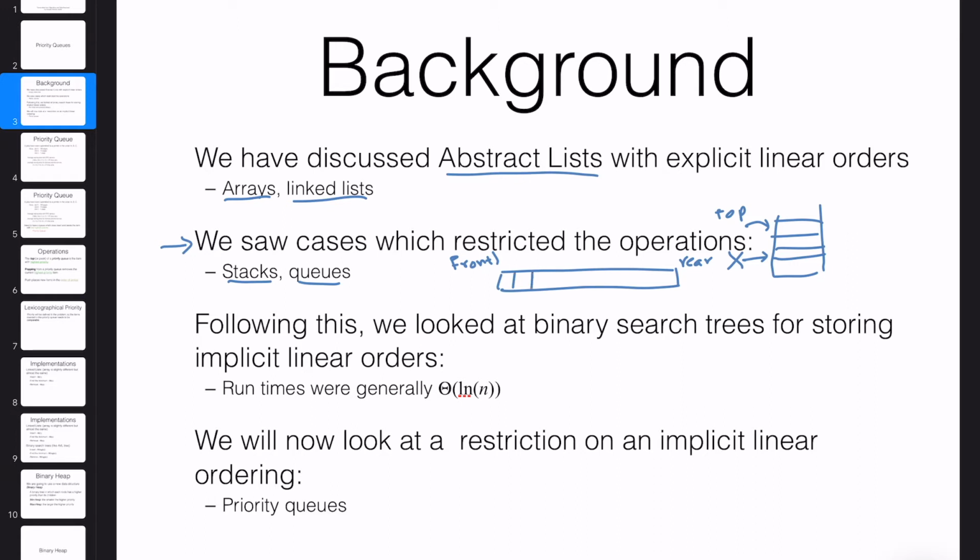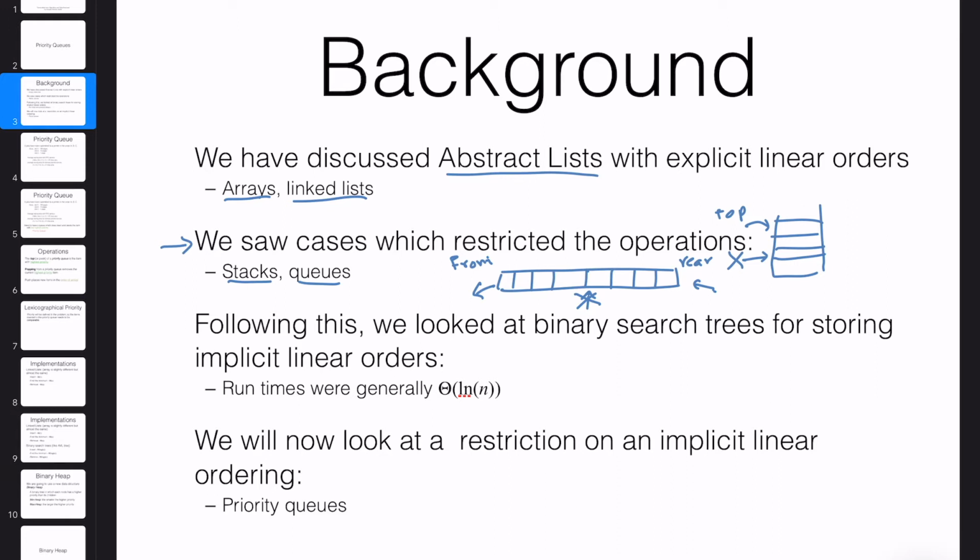A queue will keep the items in linear order, but if you are going to remove from the queue, you have to remove from the front side, and if you are going to insert into the queue, you have to put it at the rear side. So again, you cannot insert or delete at some arbitrary position in a queue. So both a stack and a queue are restricted forms of a list.